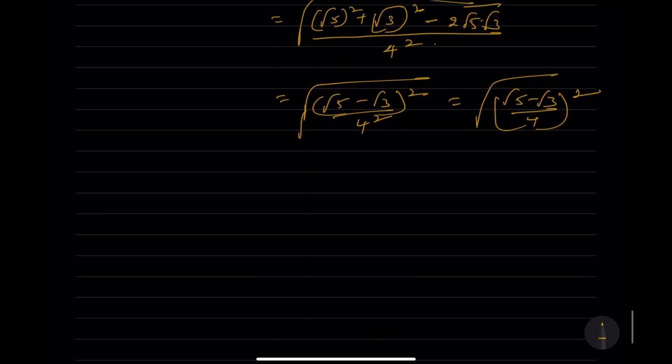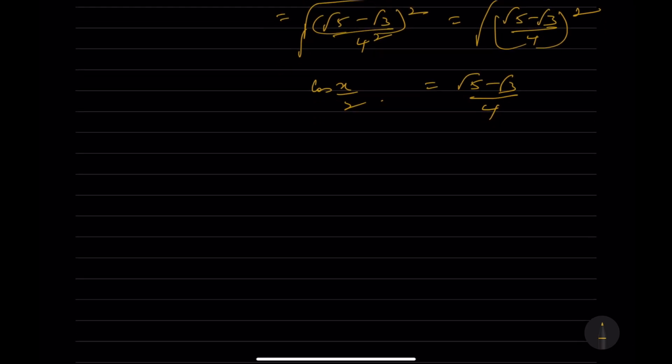So removing the square root here, you will be getting it as equal to root 5 minus root 3 by 4. So cos of x by 2 is equal to root 5 minus root 3 by 4.